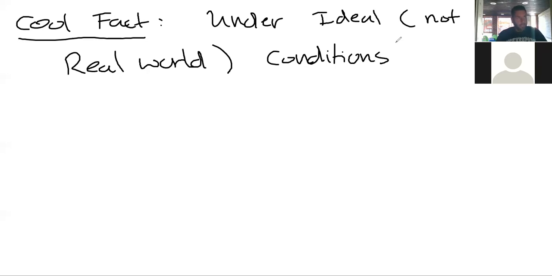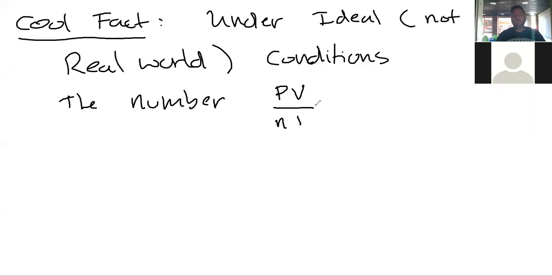So under these ideal conditions, the number, and I want to be clear how I write this because I think it's useful to think of it this way, P times V divided by the product NT. So if I have a gas at some fixed time, it has a pressure, a volume, a number of moles, and a temperature.